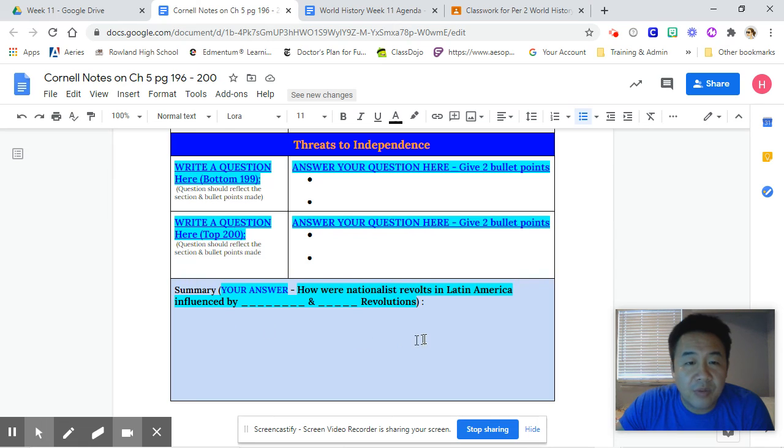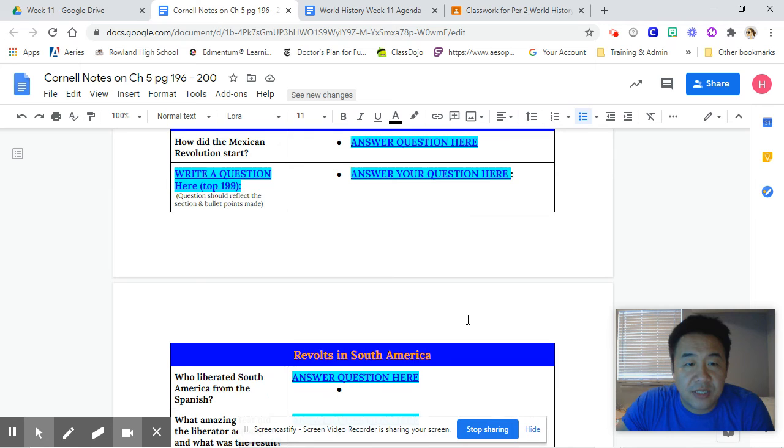Think about what you would say and how you would include that to answer or summarize that question, giving a condensed amount of information about the 4 pages from 196 to 200. Okay, and that is how you do Cornell notes or set up a Cornell notes section.